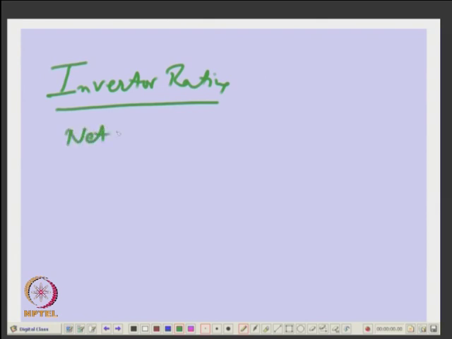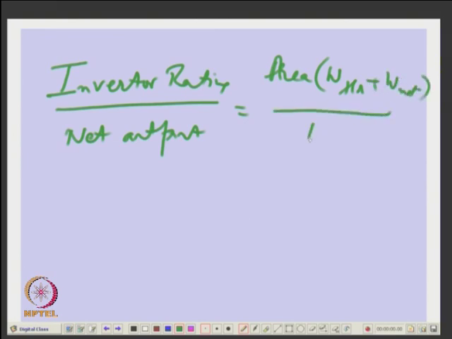okay. So, we have the inverter rating over the net output, which will be the total area, W field plus W net, over W net, okay.